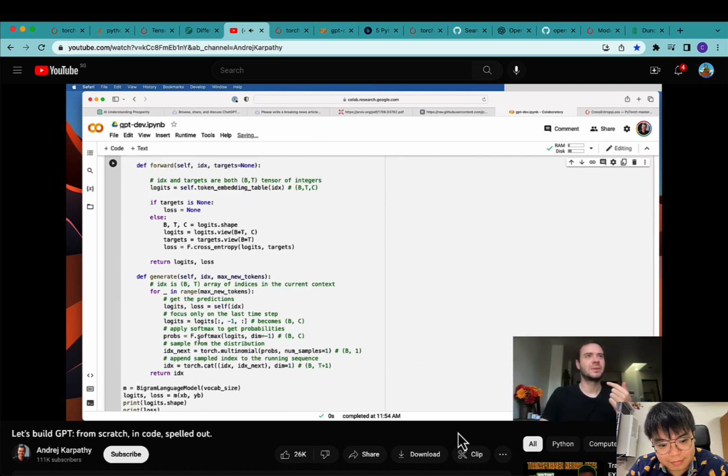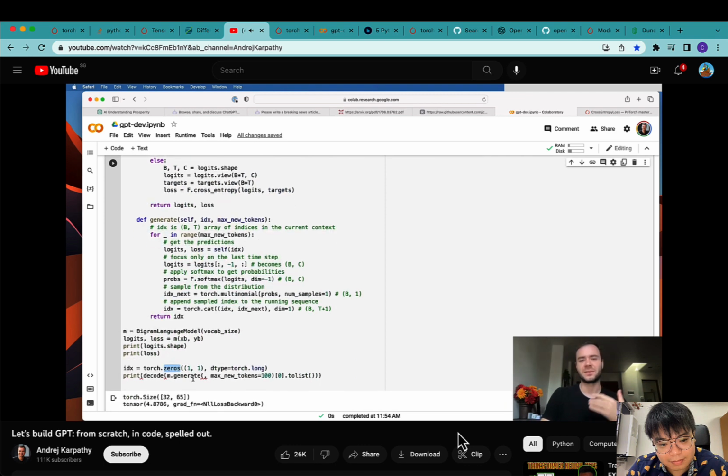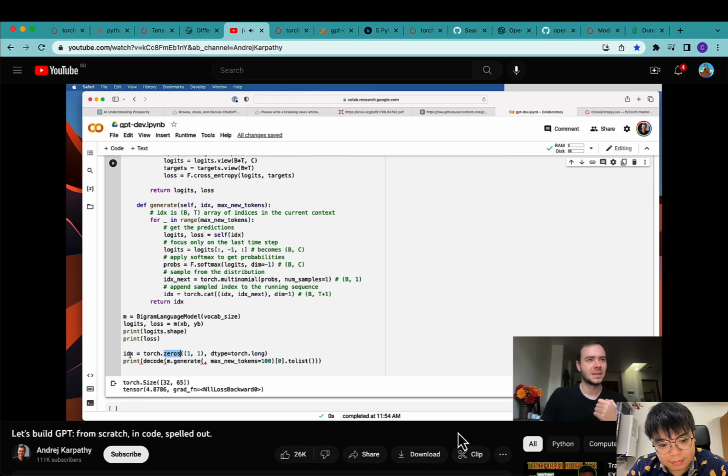So 0 is going to be how we kick off the generation. And remember that 0 is the element standing for a new line character. So it's a reasonable thing to feed in as the very first character in a sequence to be the new line. So it's going to be idx, which we're going to feed in here. Then we're going to ask for 100 tokens. And then m.generate will continue that. Now, because generate works on the level of batches, we then have to index into the 0th row to unblock the single batch dimension that exists.